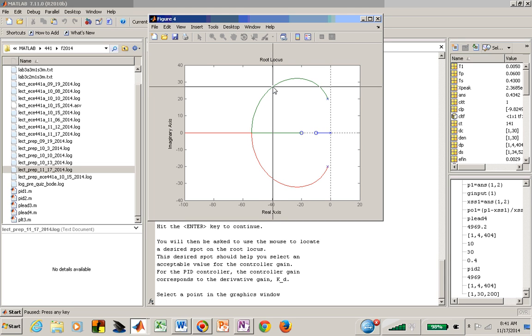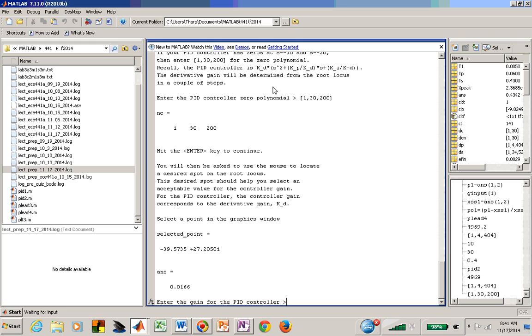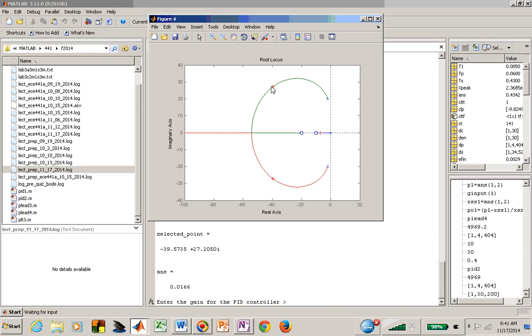whoa, then a gain of 0.0166 is, let's see how close I made it, right there. And you can see where the other plus sign is between the origin and minus 10, that zero.